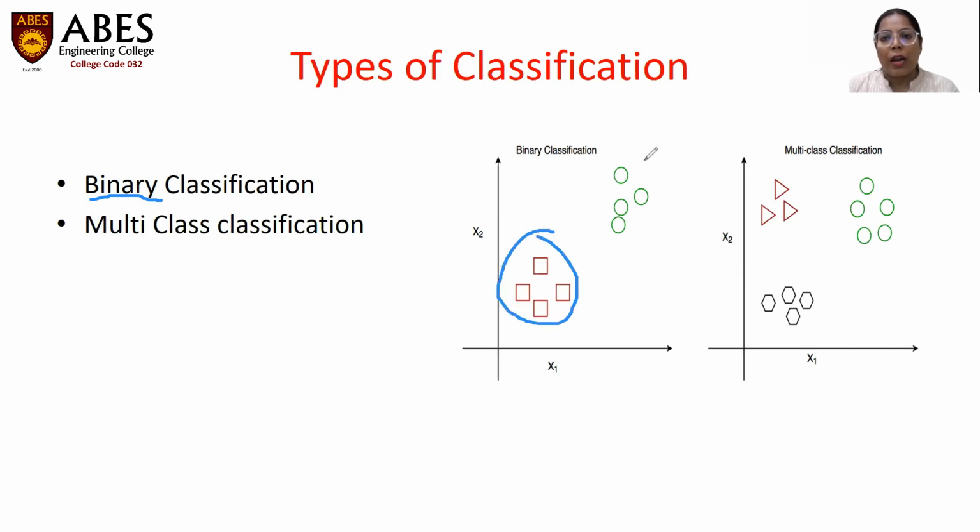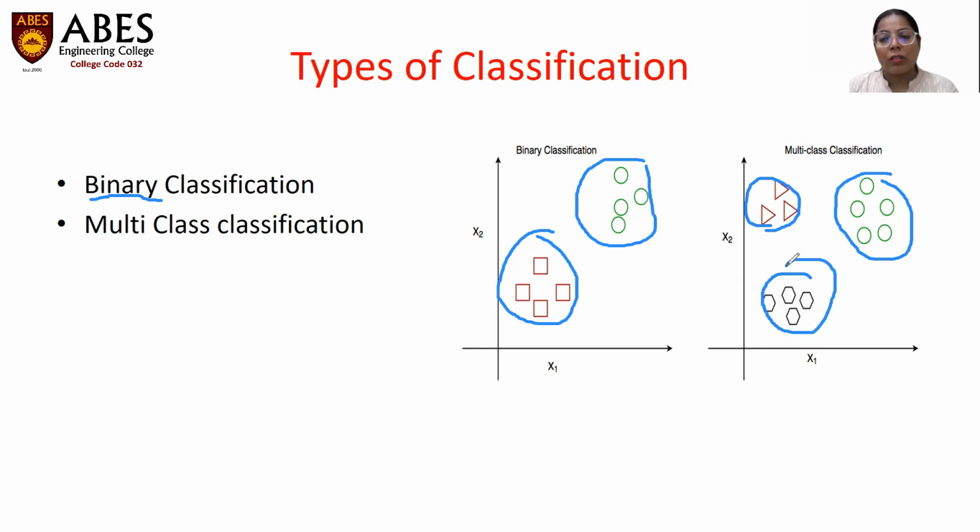This is the class of square, and this is the class of circle. In case of multi-class classification, as the name suggests, there will be multiple classes, and you can see in the diagram, there are multiple classes. Class of triangle, class of circle, class of hexagon. So there are three different classes. And it can be more than three classes as well. But in case of binary classification, you will find there are only two classes.